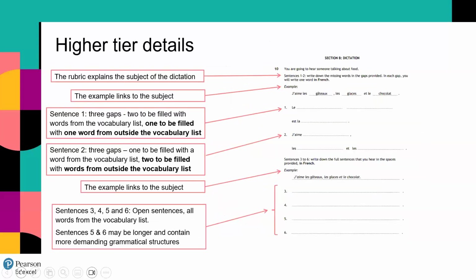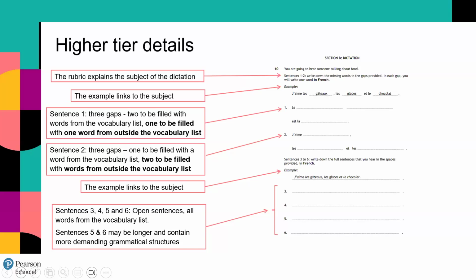Higher, you can see, is very similar in the layout, but there are a few differences. First of all, there's only 2 sentences with gaps, still 6 words, but out of 2 sentences. But then there will be 3 words out of the 6 outside the vocab list.